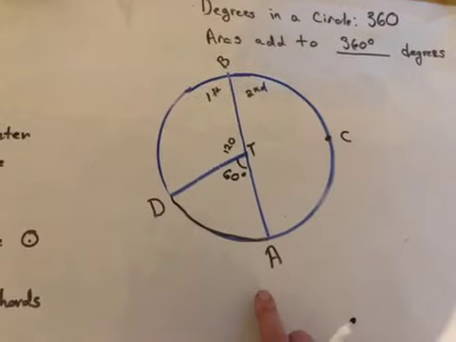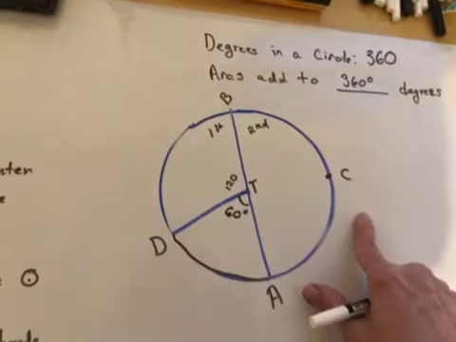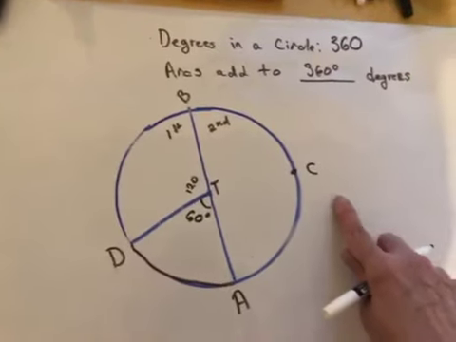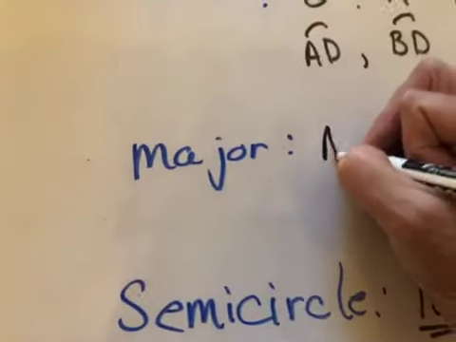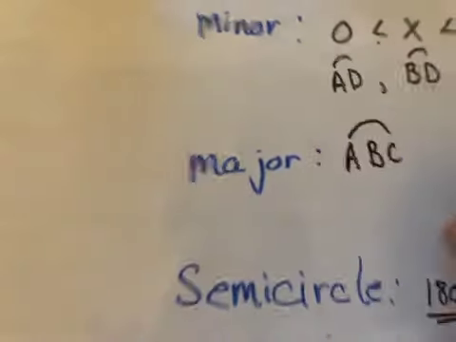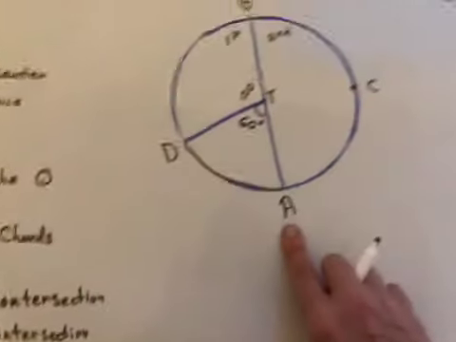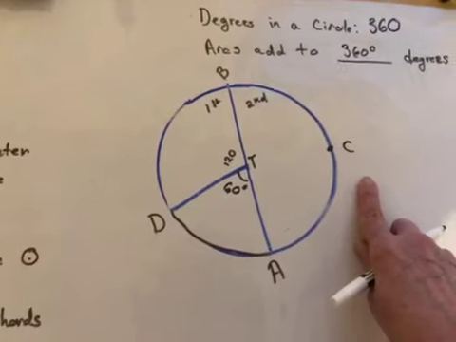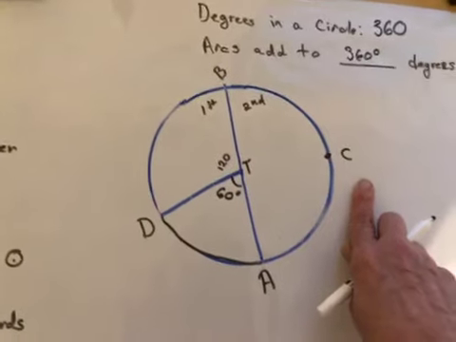So I can start with A to B to C, which is a major arc, because I'm going from A to B, half the circle, then to C. When we name a major arc, we're going to use 3 points that are on the circle, and it doesn't matter if we're going clockwise or counterclockwise. We're going to start with the starting point and go all the way around to where we're going to end. So from A to B to C is a major arc.